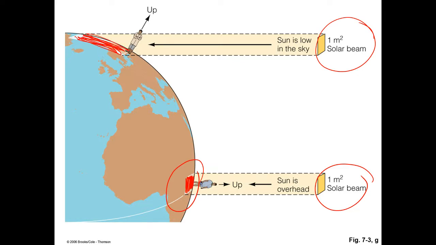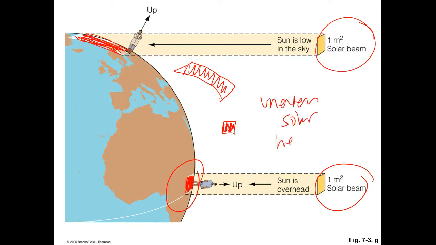If you were to shine a flashlight into a straight path, it literally makes a really small square. If you put it on an angle, it makes a dim, larger square. So this is uneven solar heating, okay, which relates, of course, to the fact that we have warm tropical areas here and cold polar areas here.